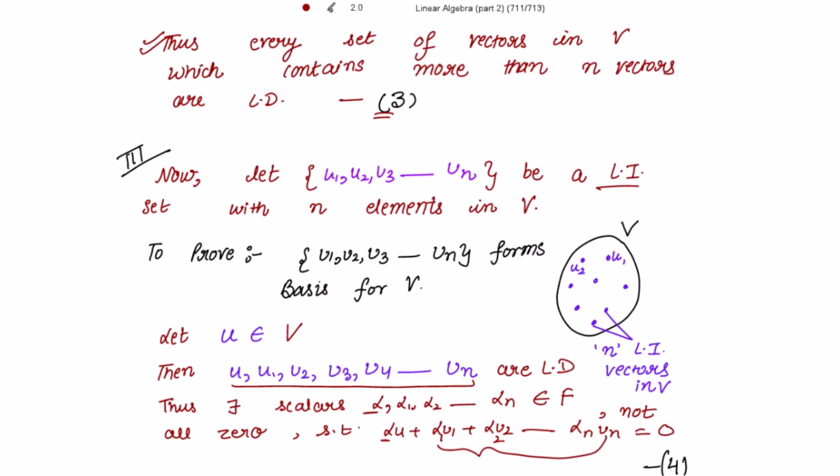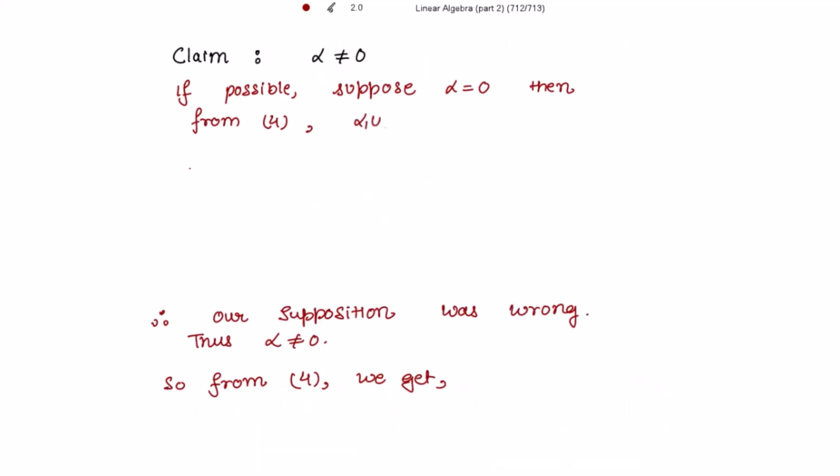this thing to be equal to 0. So we get alpha 1 u1 plus alpha 2 u2 plus alpha 3 u3 up to alpha n un equal to 0. Okay. So this implies what? What happens to these scalars alpha 1, alpha 2, alpha 3? All are 0. Why?